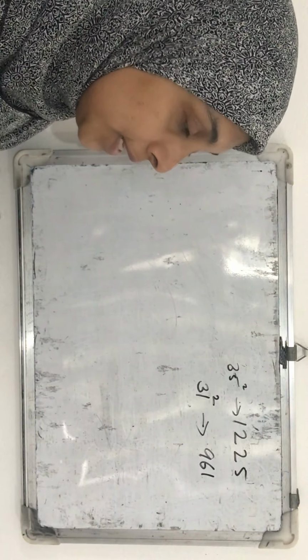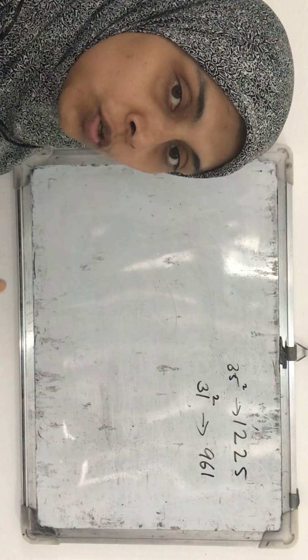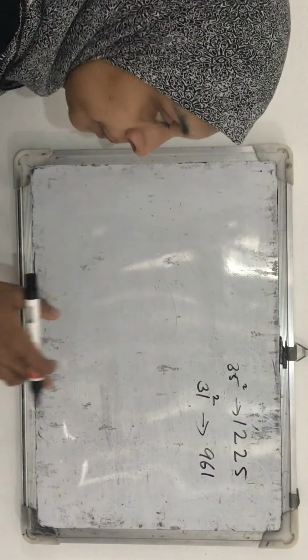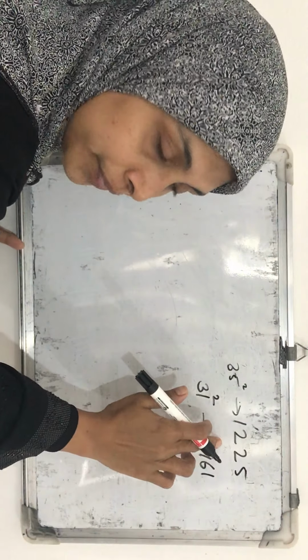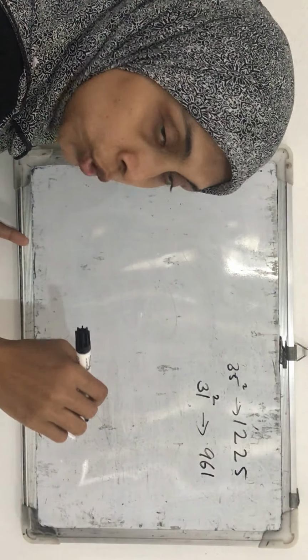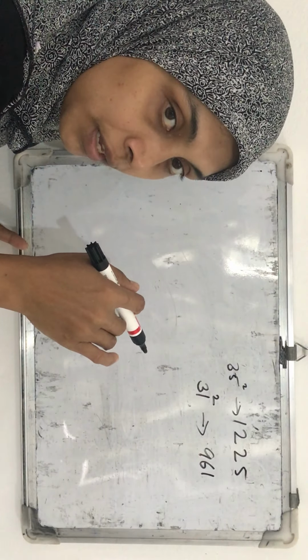So we want to find a general form to guess how many digits there will be in the square root of a number. Suppose it is 4 digits here. 4 is an even number. So if the number of digits is even, there will be n by 2.